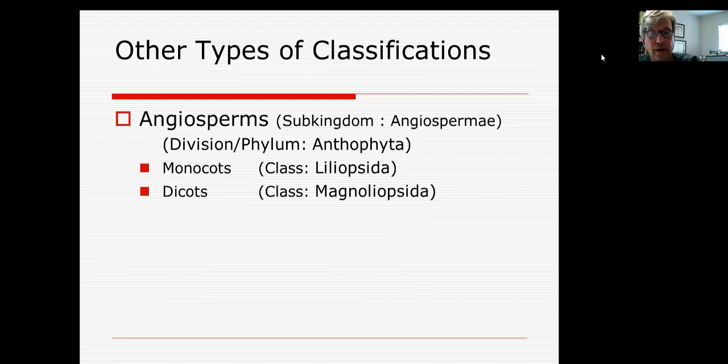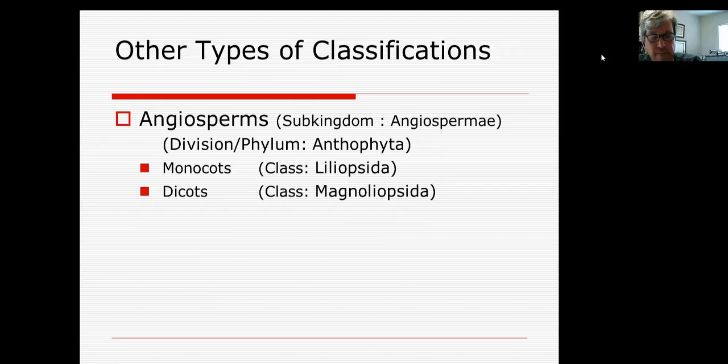Liliopsida are those kind of grass-like leaves. We'll talk about those again in more detail. Or you have the dicots, which have the two seed leaves, which are in the class of Magnoliopsida. So again, you're seeing that these are divisions. The classes are subunits of that phylum.